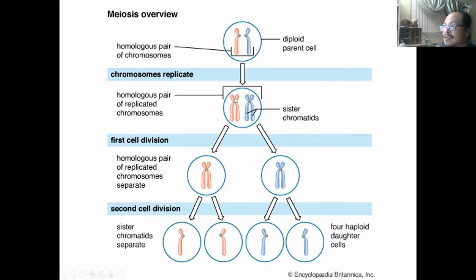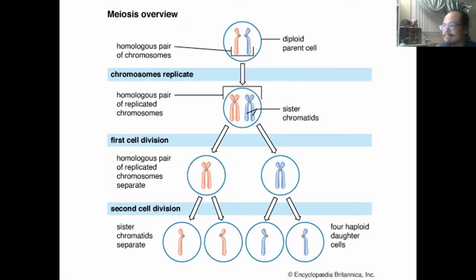So the sister chromatids will not be divided during the first division. Then during the second division, this is when the sister chromatids will be separated. So that's a unique part. The sister chromatids will not get divided until the second stage of meiosis.